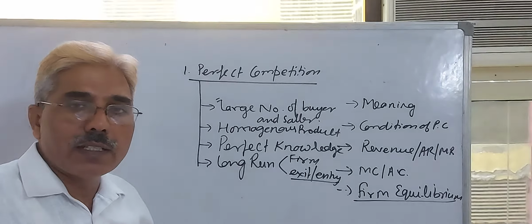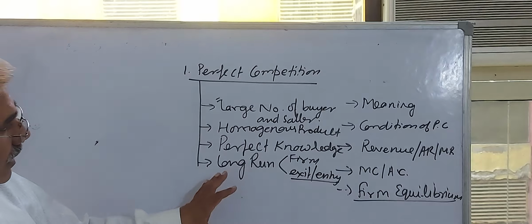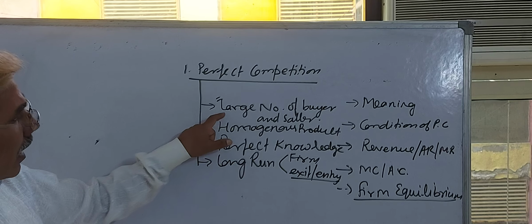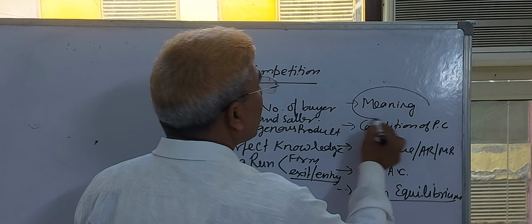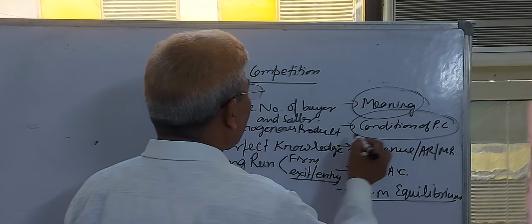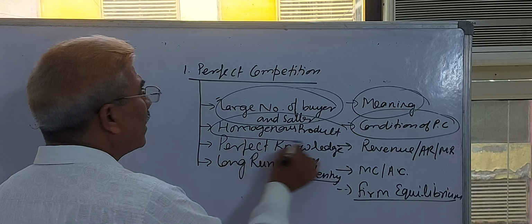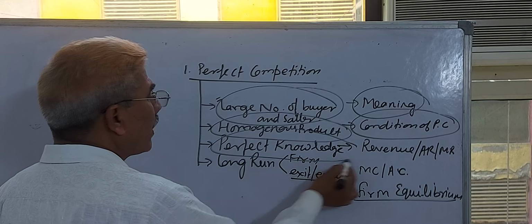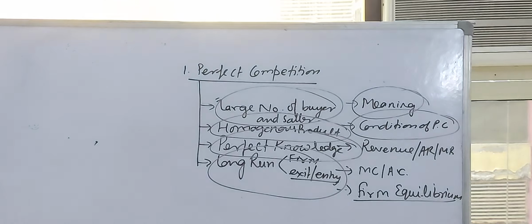I will further explain why firms shut down their production. But now you understand, in today's lecture, there are four characteristics to define. Today I only define the conditions of perfect competition. First one is a large number of buyers and sellers, homogeneous product, perfect knowledge, and in the long run, firms' entry and exit.